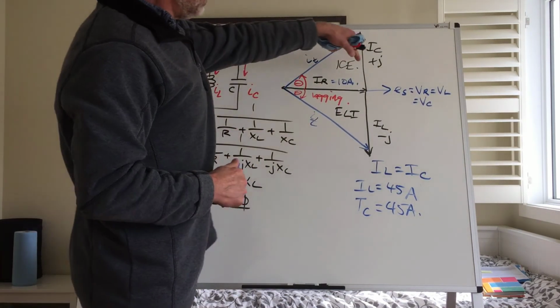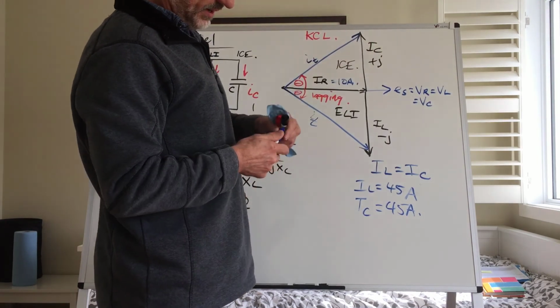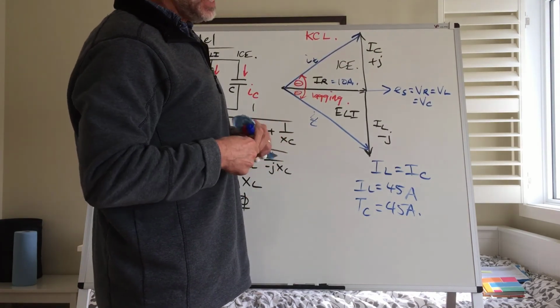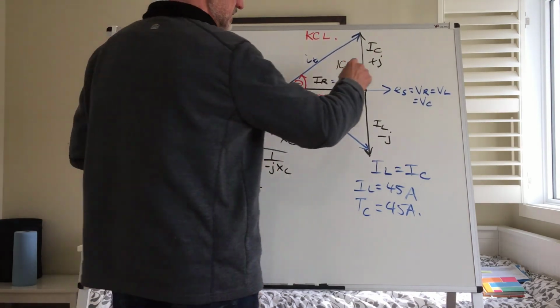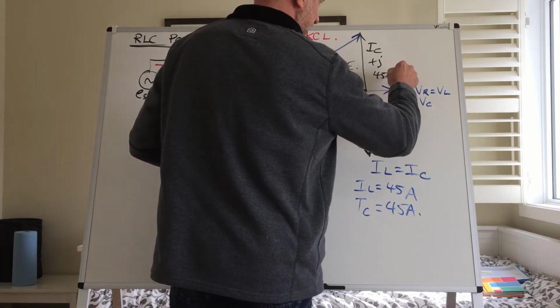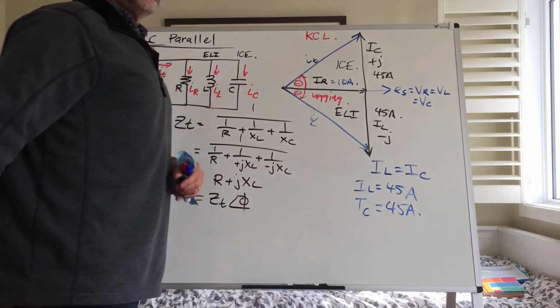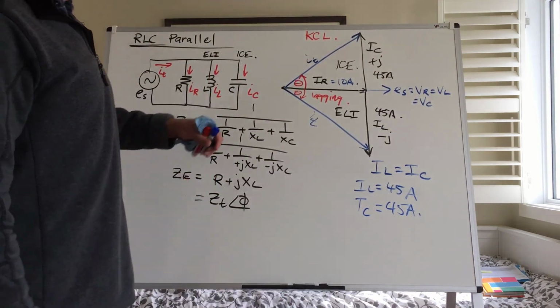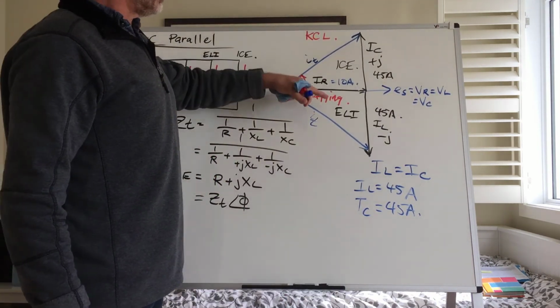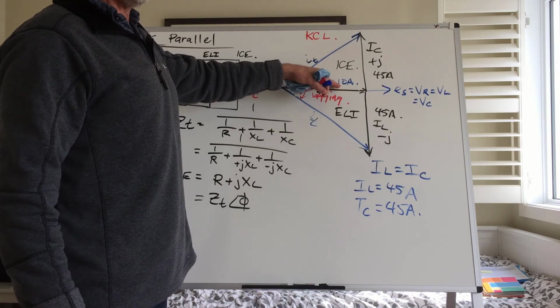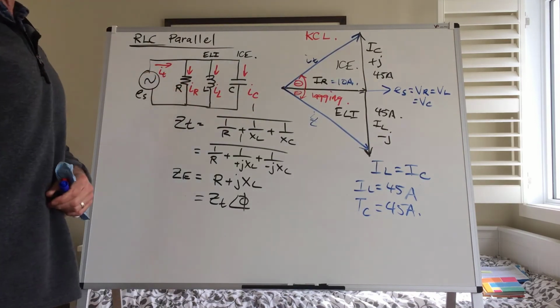If this is 45 amps and this is 45 amps, the net reactive current is 0, isn't it? So 45 amps, 45 amps. The net reactive current is 0. The total current then is only going to be made up of a 10 amp resistive branch.